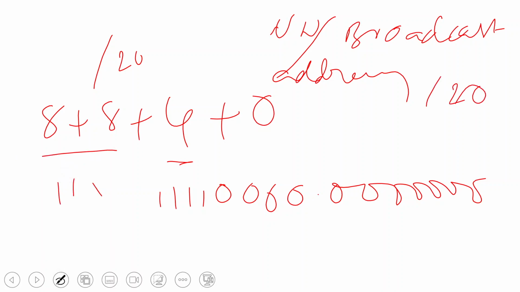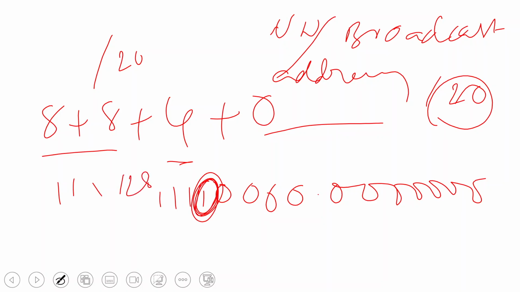As I said, /20 means the first 20 bits are gone, so you have to divide it into ranges. What is the last bit that has been converted into 1? This one, right? 128, 64, 32, 16. This is the last bit converted into 1.